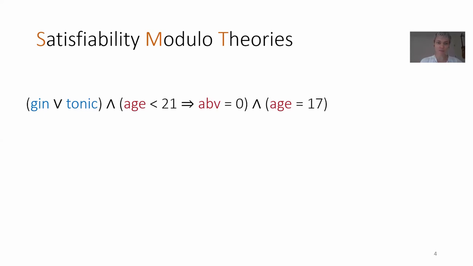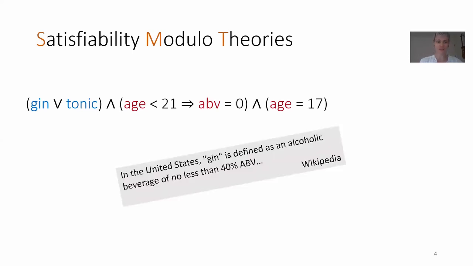And I looked it up on Wikipedia, and it says that in the United States, gin is defined as an alcoholic beverage of no less than 40% ABV. So I can encode this in constraints as: if it's gin, that implies that alcohol per volume is at least 40.